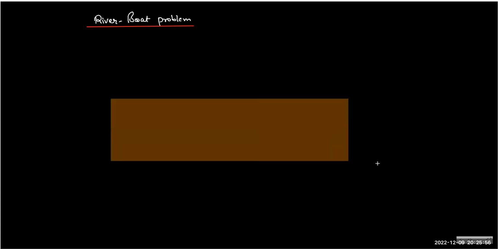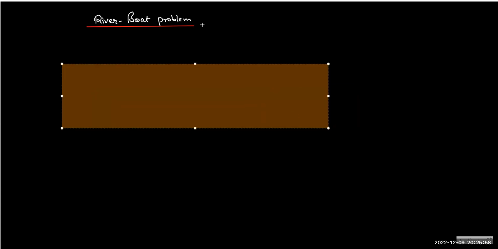So in case of a river problem, you can think this is a river. In our case, the river will have finite width all the time. It will not change. So generally we call D the width of the river. And the surface you can think of as a rigid surface.